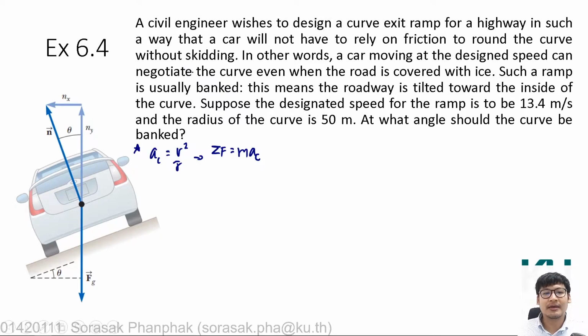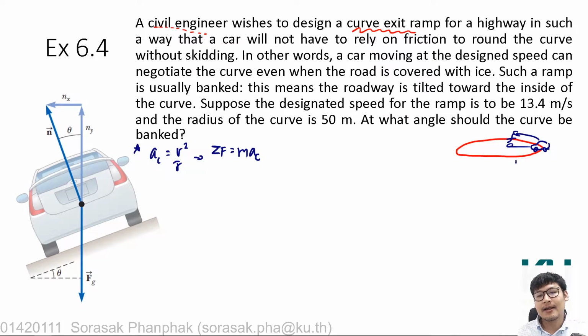How about that? So with this, a civil engineer decides the curve of the exit ramp while this car is cornering. Think about the previous question. We have the car in circular motion, cornering like this, moving this way, right? And the reason this car can move in a circle is due to the friction of the floor, right?